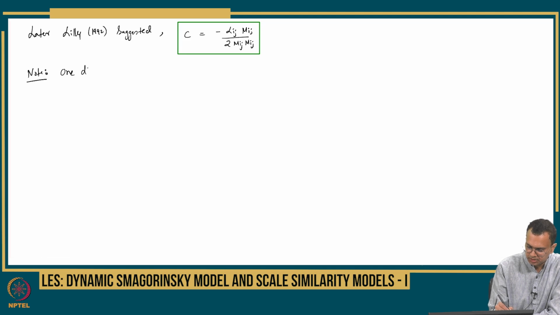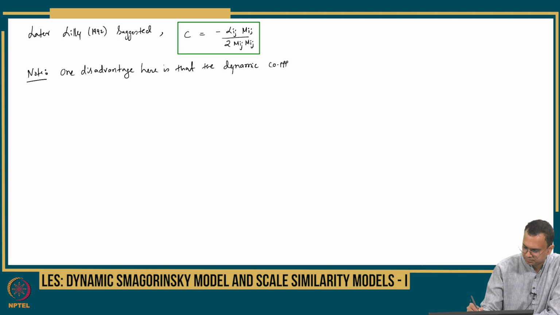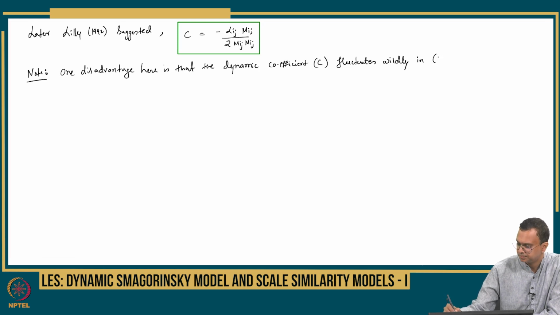So one disadvantage here compared to the Smagorinsky model is that the dynamic coefficient, that is C, fluctuates wildly in space and time, in x, y, z, t.